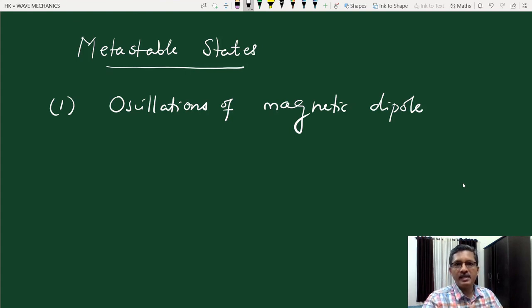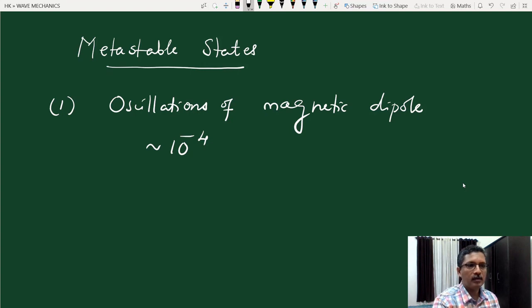But this is a less efficient radiation compared to oscillations of electric dipole. So it's a slow process. The emission of radiation by radiative transitions by the oscillations of magnetic dipole is a slow process, and it's slower than the oscillations of electric dipole by a factor of 10 raised to minus 4, because it's less efficient.